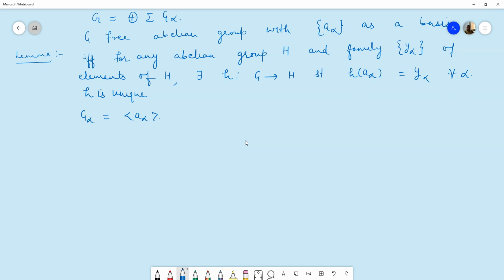Now the previous extension condition holds. Now this extension condition, if it holds, then for any index beta, this A beta basically generates a finite cyclic subgroup of G.